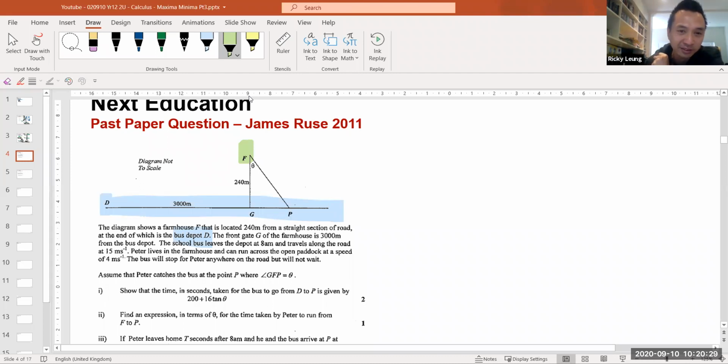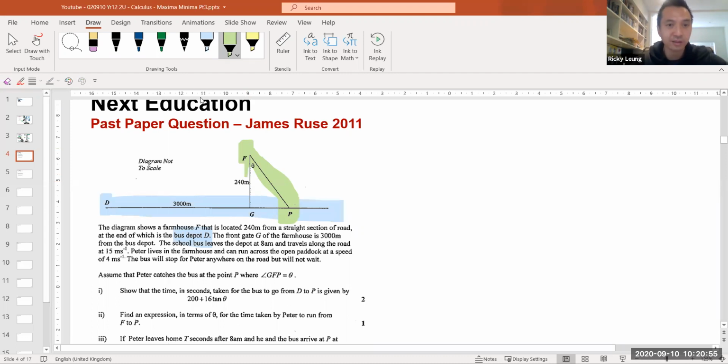So he can travel on a straight road or he can travel across the paddock and then meet the bus at the point P and then hop on. So in this case, picture Peter having some sort of grappling hook, in which case he's just going to swing on and then start riding the bus.